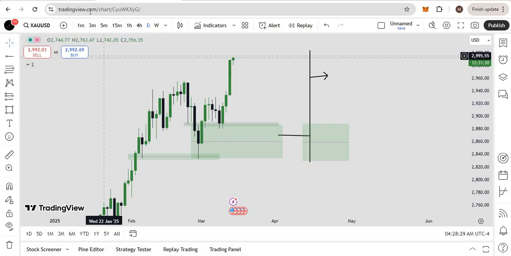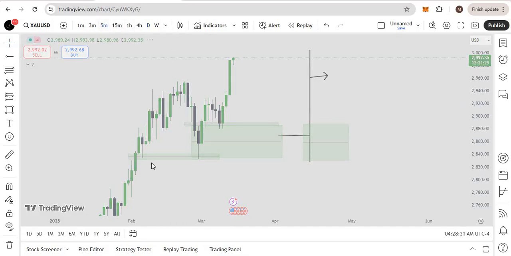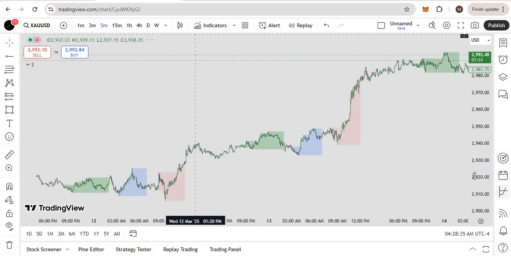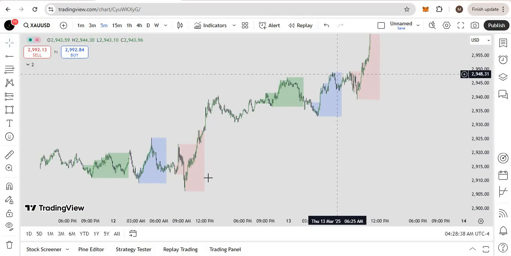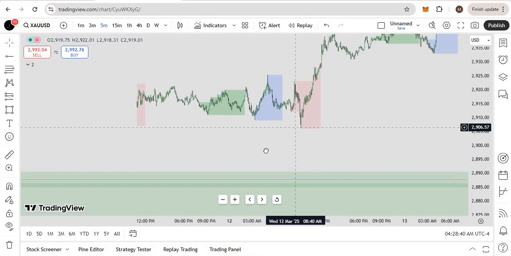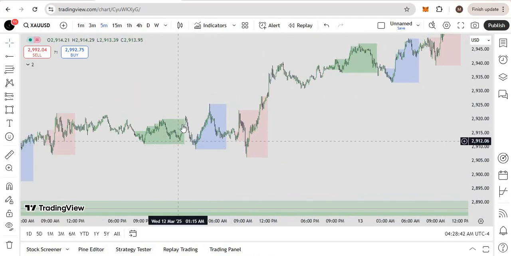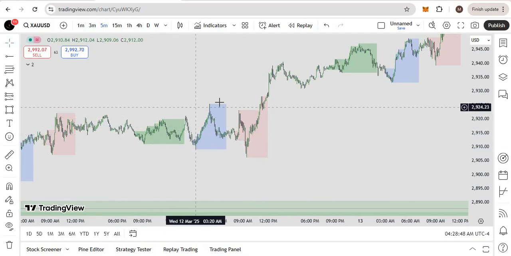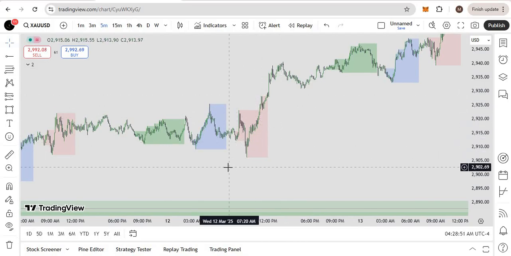So let's go to the 5-minute time frame. Once you find the thing, you will understand. Here is the session indicator that I put on my chart that describes each session individually. Here is the green one, Asia, there is London, and this is New York, right?